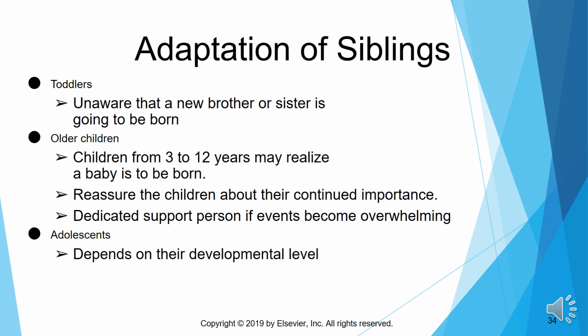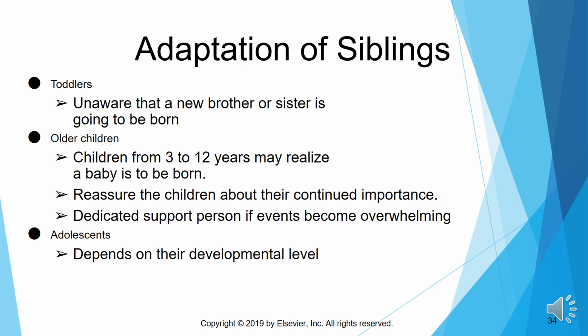Older children from 3 to 12-year-olds may realize the baby is going to be born, but it's really important, especially with the younger, actually all ages, that they be reassured that their spot isn't being taken. They're still important members of the family, even though there might be a lot of doting on the new baby. And you might see a little bit of regression as well.